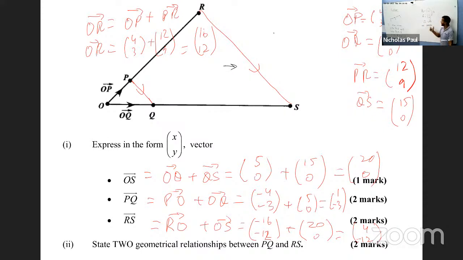Because they are multiples of each other, you can say they are parallel. So how do you show parallel? You have to find the points and then see where you can multiply. If you multiply PQ by 4, you get RS. So that's the way you show parallel.